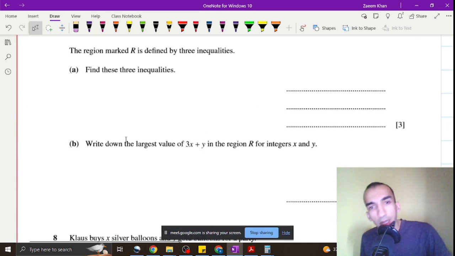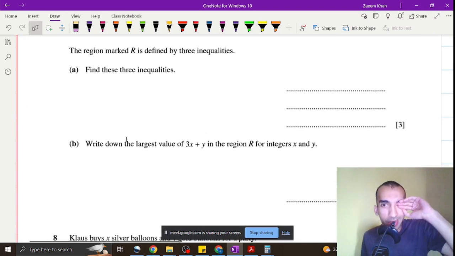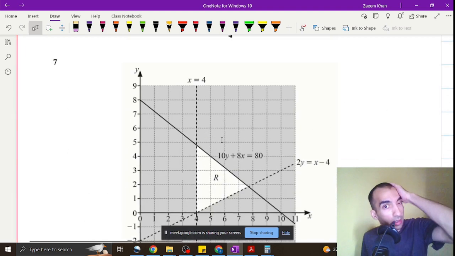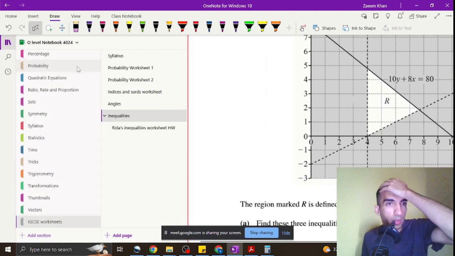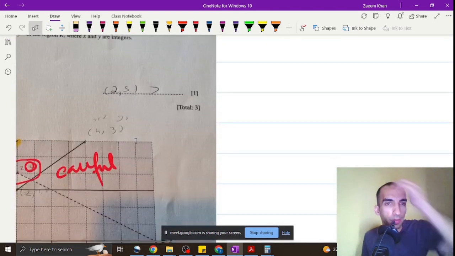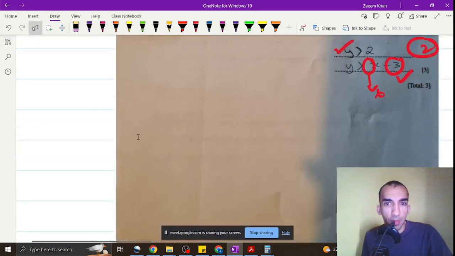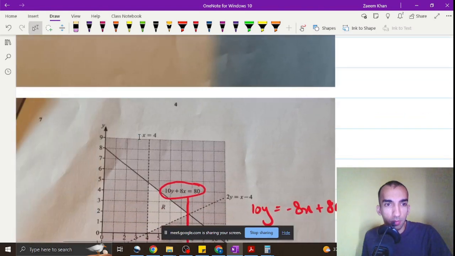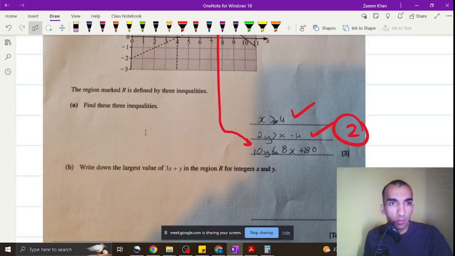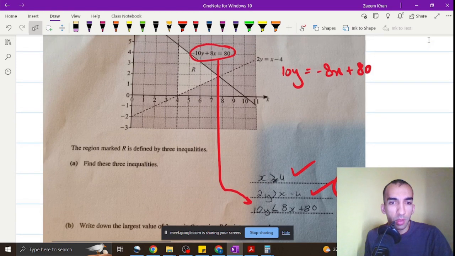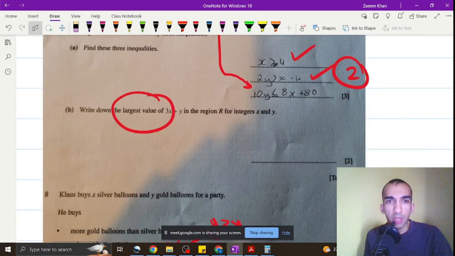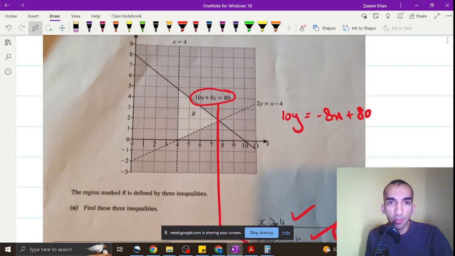Write down the largest value of 3x plus y in the region R, where x and y are integers. I think we should go back to your solution. Largest value of 3x plus y. In order for this expression's value to be the biggest, wouldn't we try to choose the values of x and y to be the biggest as well in this region, right?